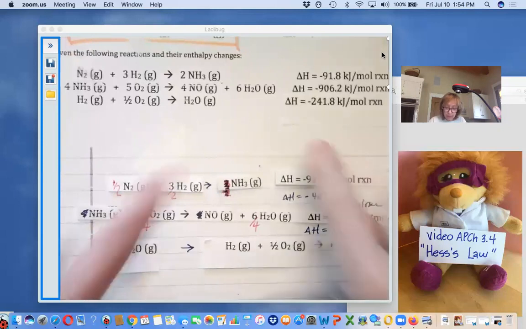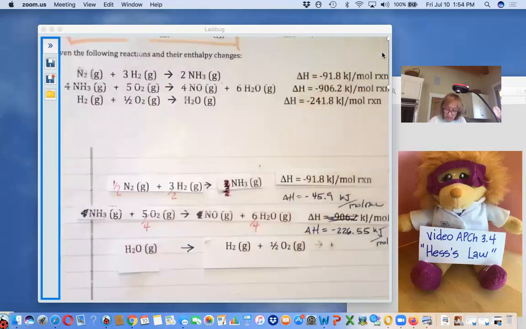So I flipped this equation. I know delta H is going to change sign. But you know what? I also need to, what do I need to do here?